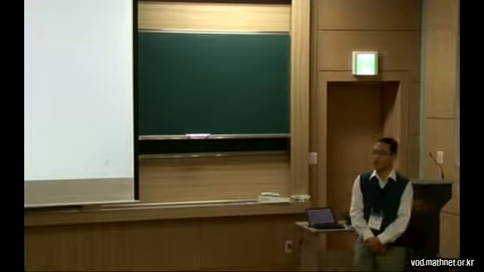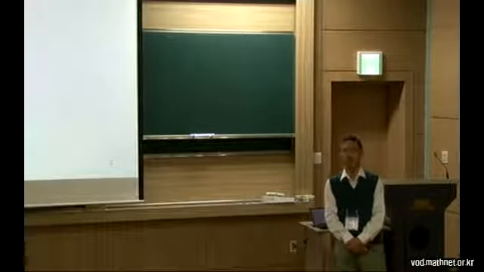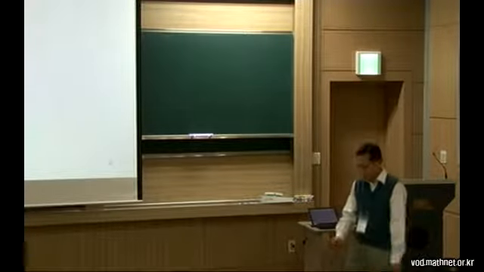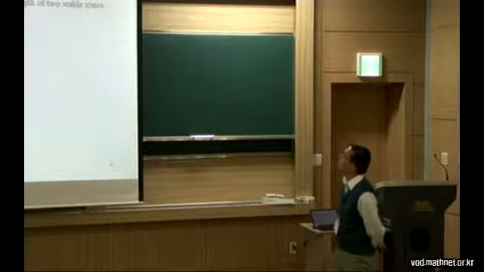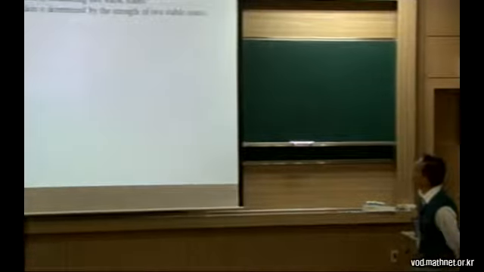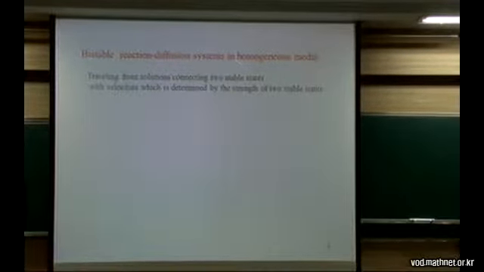One of the fundamental issues of front dynamics in dissipative systems is clarifying how the heterogeneity in the media influences the propagating manner of traveling front solutions. First, let's consider a bistable reaction diffusion system in homogeneous media.